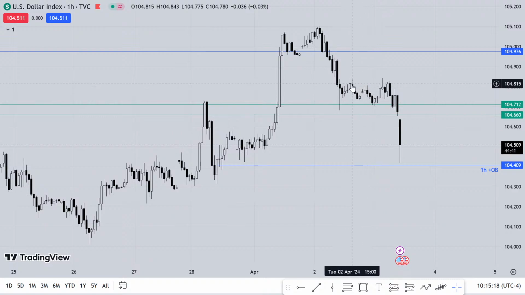As you can see, price left relatively equal highs here, which the higher is 104.843, and here is 104.843. These highs are equal.